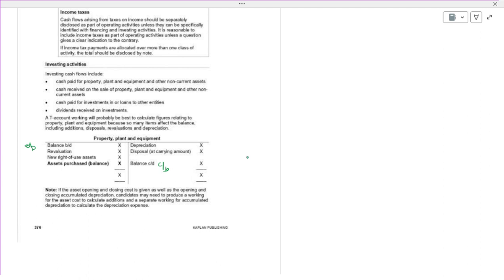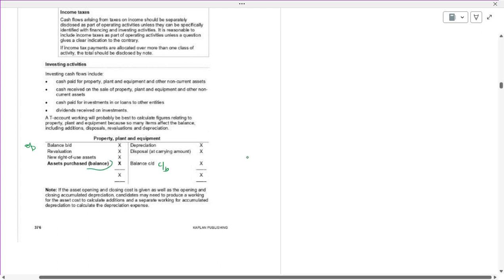Whenever you have a T account, if it is an asset and it is a debit, you have purchased. If it is a credit, you have sold. Now you have to be clear in the rules. If an asset is increasing, it is debit.